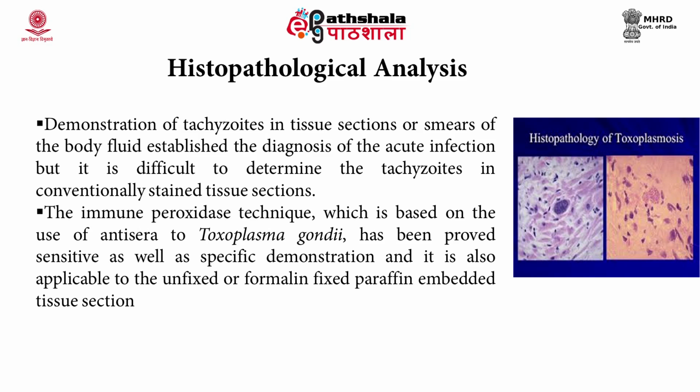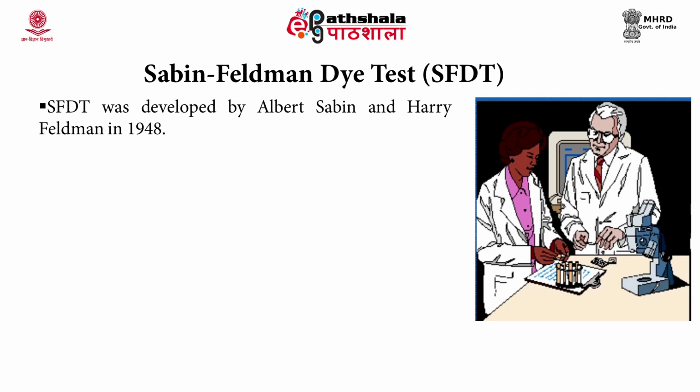The immunoperoxidase technique, which is based on the use of anti-sera to Toxoplasma gondii, has proved sensitive as well as specific, and it is also applicable to unfixed or formalin-fixed paraffin-embedded tissue sections.